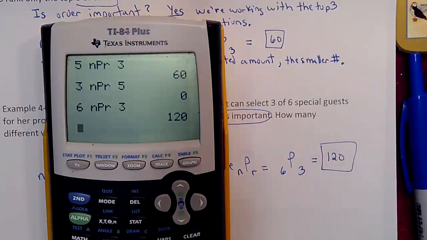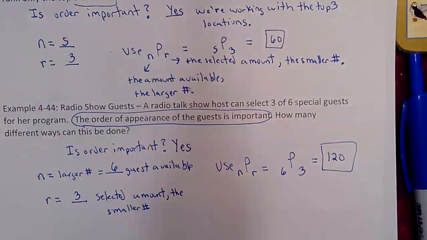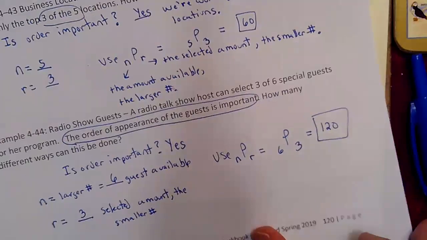Okay, class, there's one more that the workbook gave you. We're showing you orders important and showing that we're using a permutation of objects. That'll be on page 121.